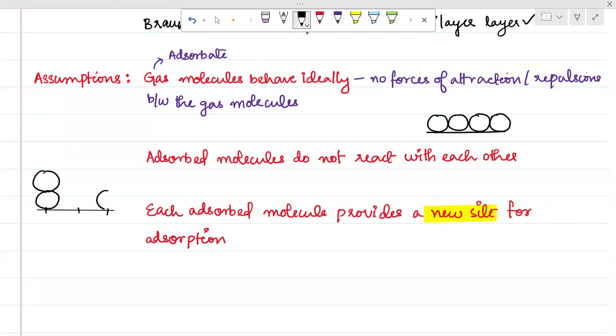That means each gaseous molecule which comes and adheres to the surface acts as the next active site. Since the gaseous molecules itself act as an active site, the active sites are capable of adsorbing the next set of gaseous molecules. That leads to multi-layer formation.